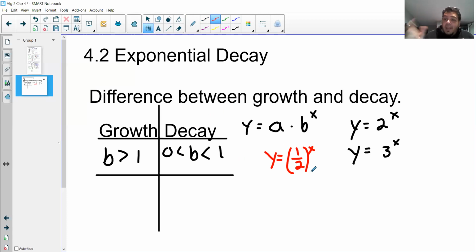If I multiply something by half, it gets smaller. So every time I go up 1 in x, it goes half, half, half, half. So a decay is something smaller than 1 because it's cutting it in half.